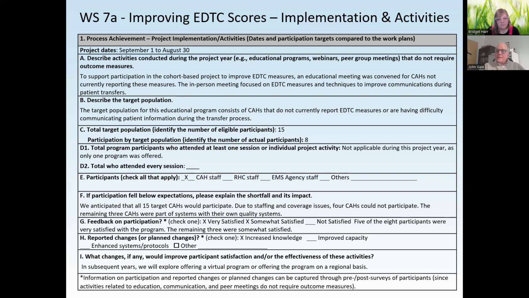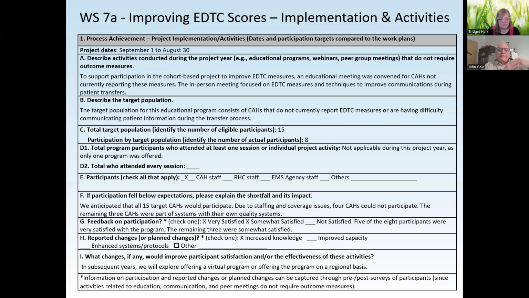But here, at the end of the day, as you begin to collect and look at these, you see where you are and what you've accomplished within the course of a funding year or across the cycle. You can use these two worksheets to begin to build your annual project progress reports that you submit at the end of each funding year and then at the end of the funding cycle for your overall progress. And this can be really helpful. So you're describing the activities conducted during the project year.